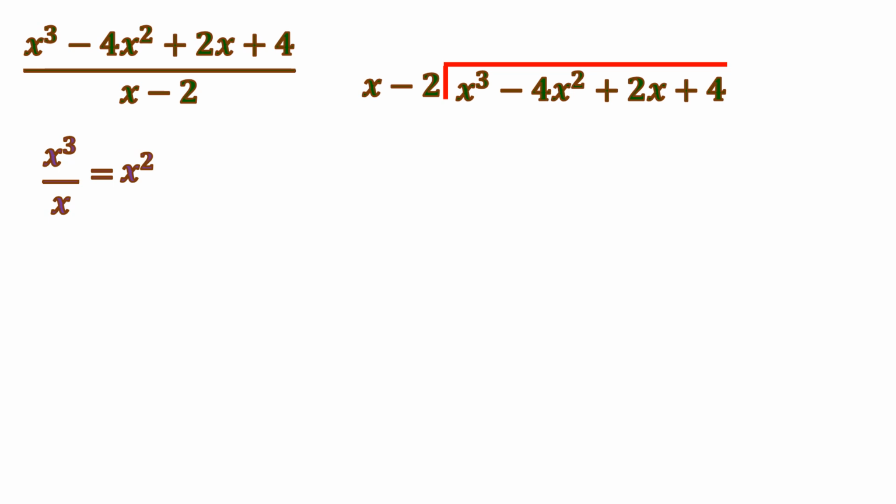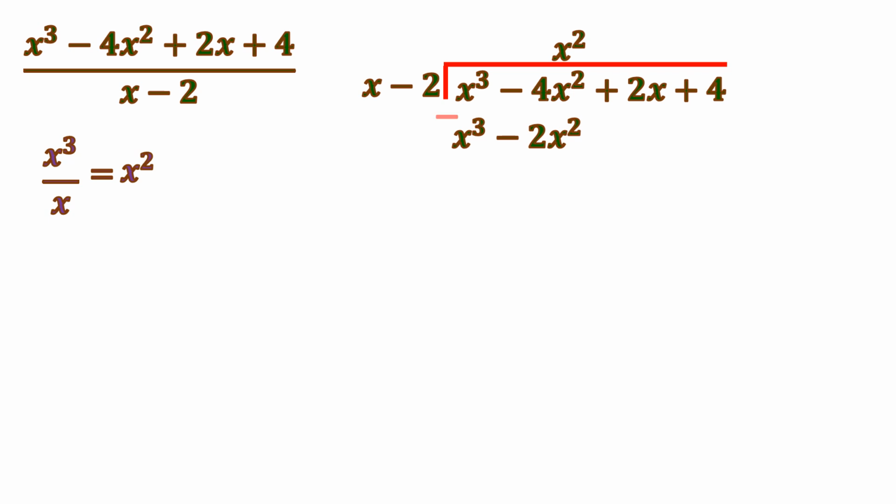And so the first term in the quotient will be x squared, and we're going to put the x squared in the x squared column, on top of the 4x squared, because they both have x squared. And then we're going to distribute the x squared to both x and -2, meaning to that divisor. So x squared times x is x cubed, x squared times -2 is -2x squared.